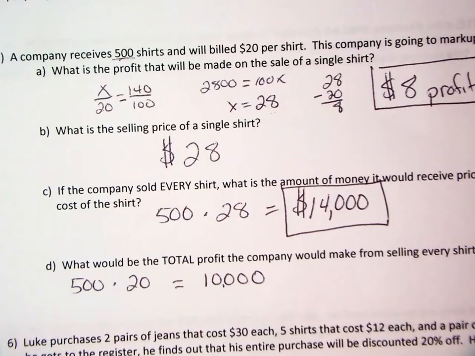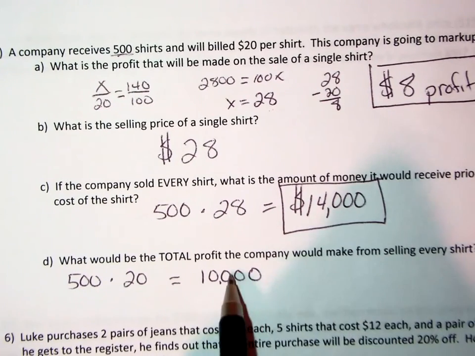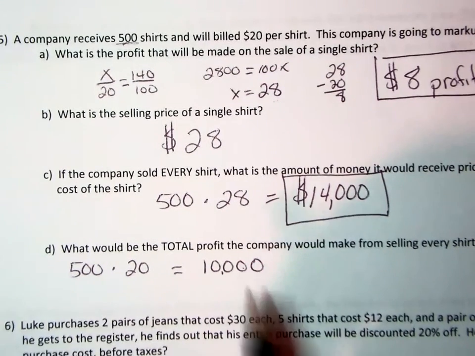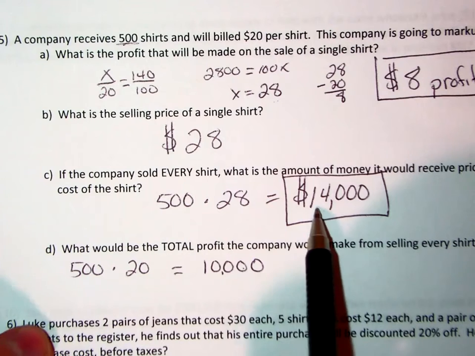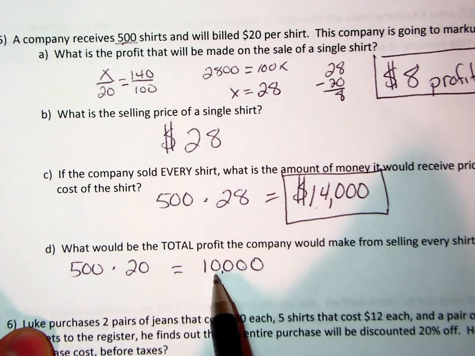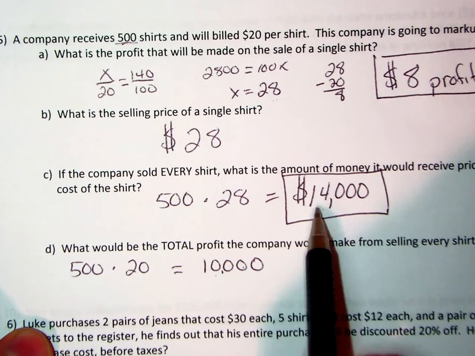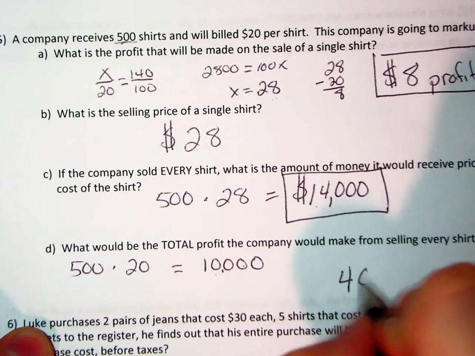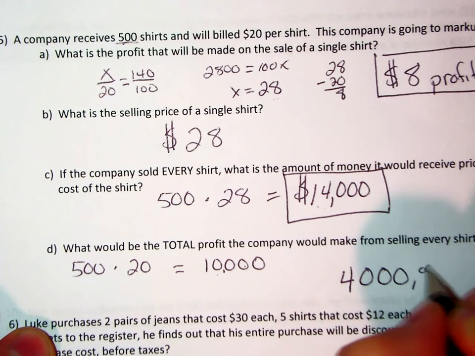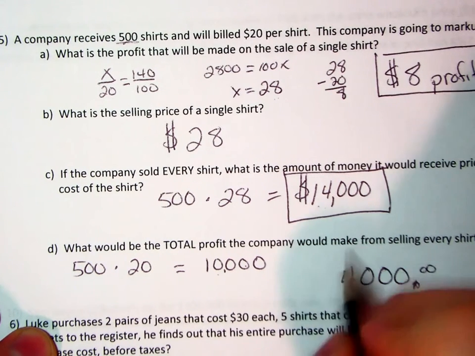Now 10,000 certainly isn't the profit, because the profit would be the difference between how much I paid for the shirts and how much I sold the shirts for. Well, if I paid 10,000 and I sold 14,000 worth, then the difference is $4,000.